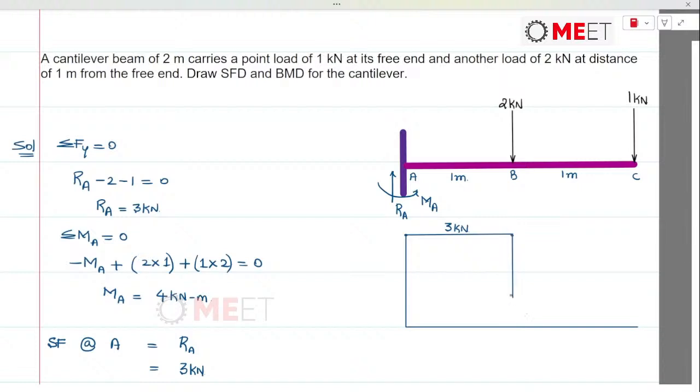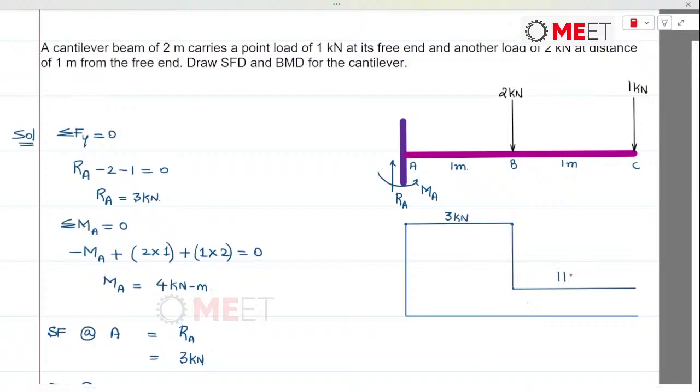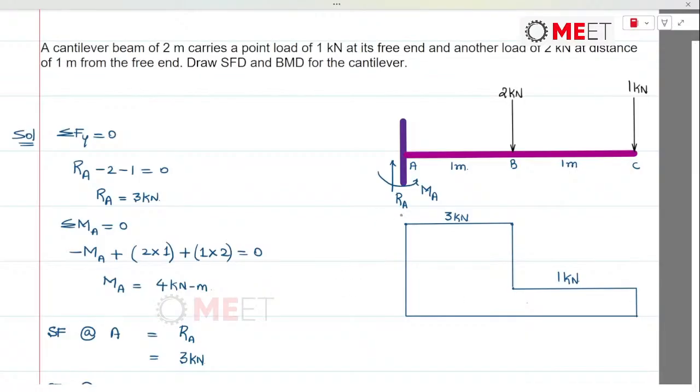And from point B onwards, the shear force is going to remain 1 kilonewton. At point C, we will once again find the same sudden drop. So this was the SFD diagram. This is point A, B, and C, and all the shear forces are positive.